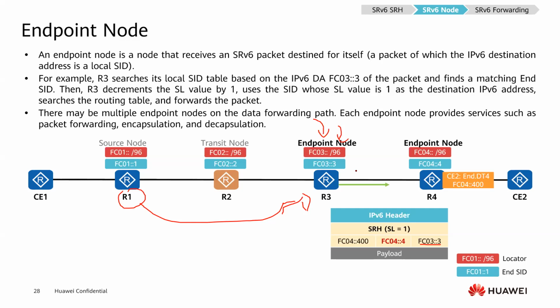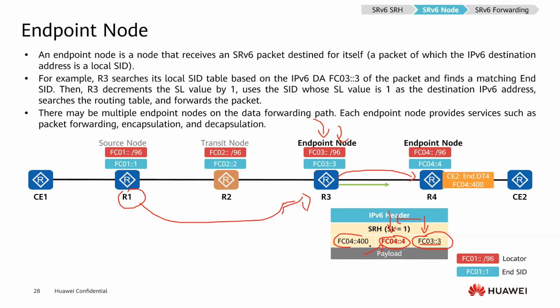When this endpoint node receives the packet, it will move the indicator to the left. First it is here, then it is here. And when R3 sends out, it sends to ::4, and the SRH becomes this.